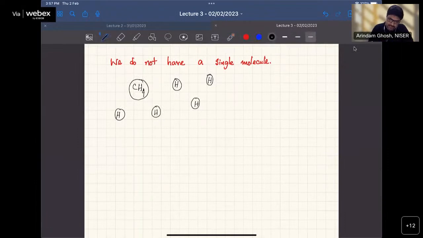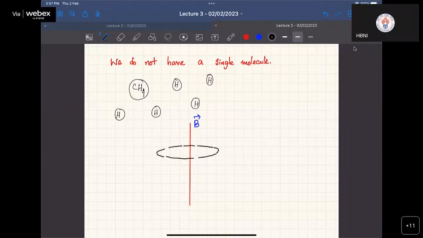How the picture will look like is, this is your B, and you have this nice circle on which it was rotating.